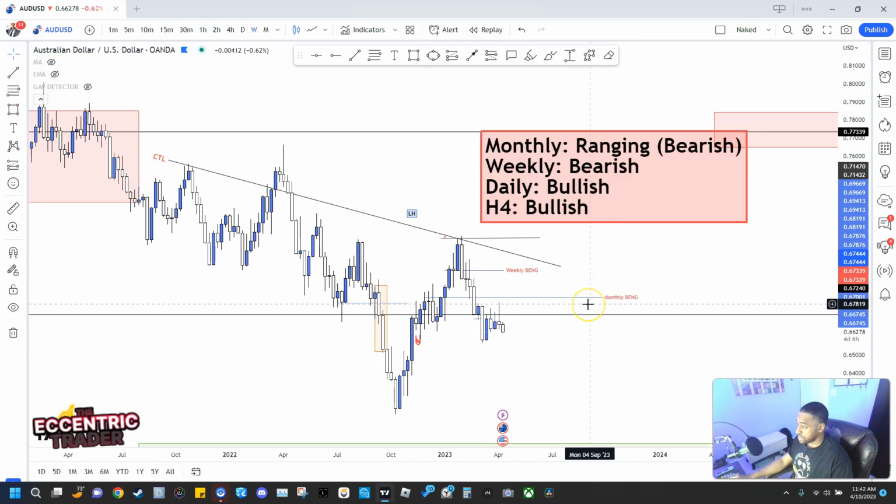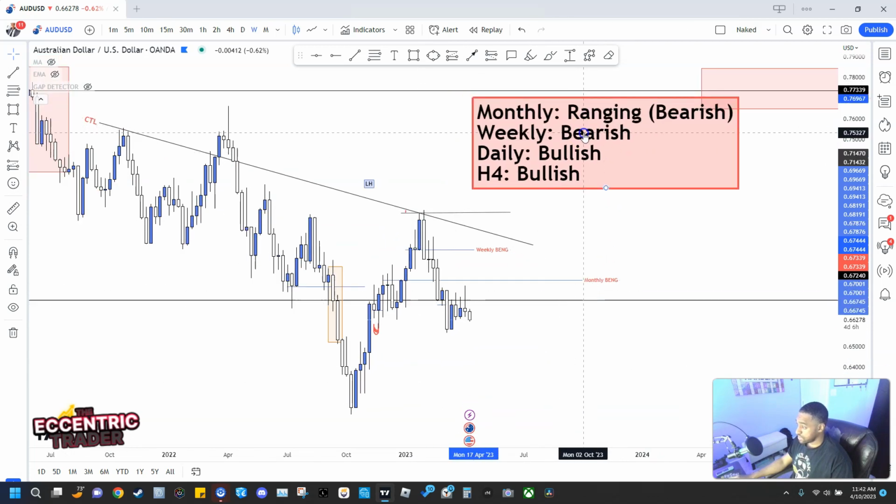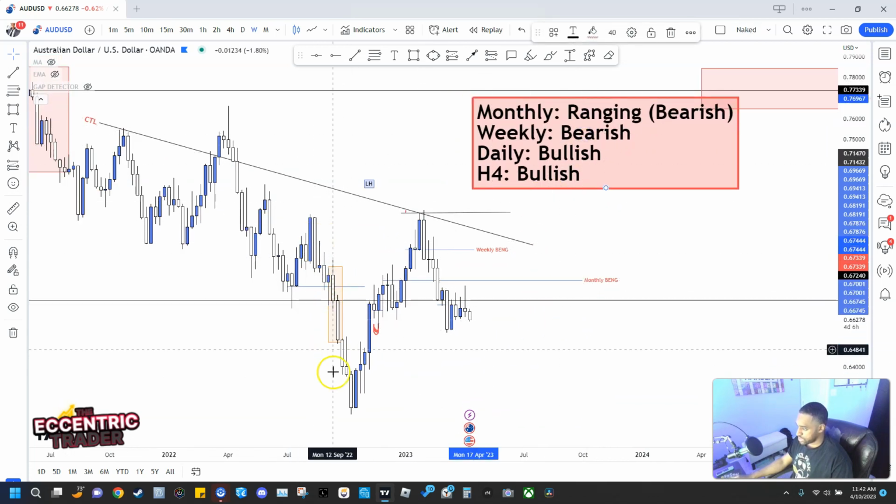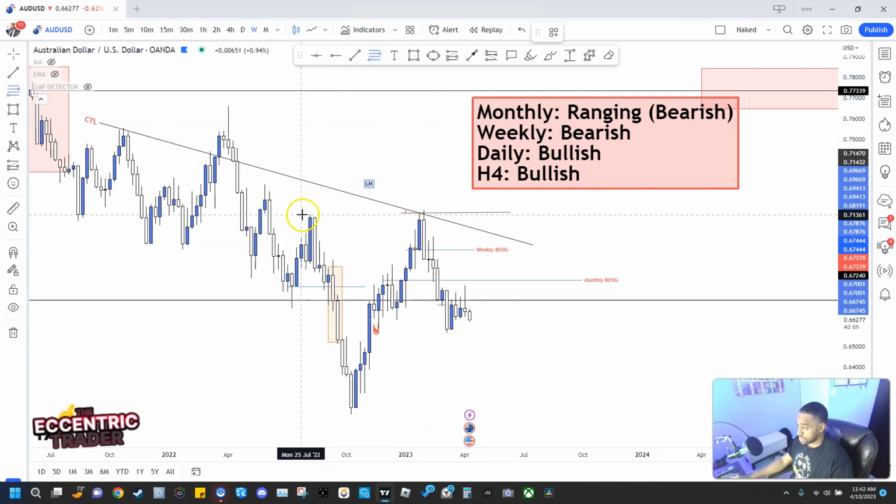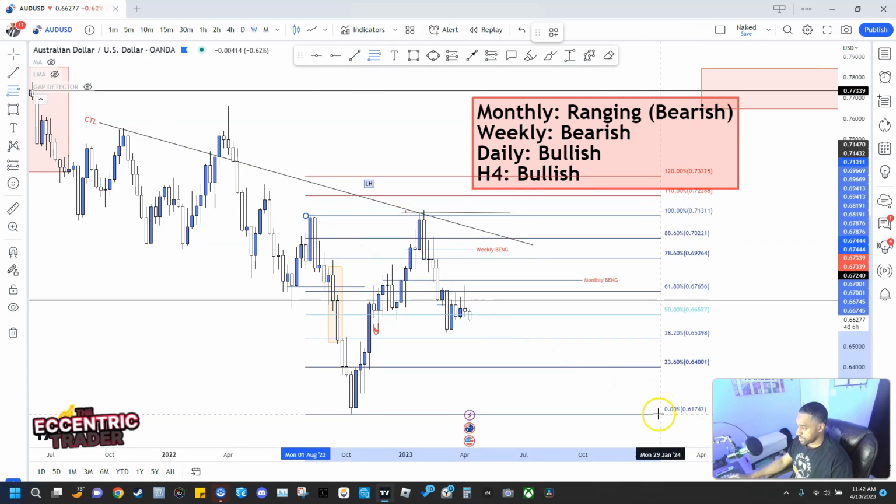All right, so the weekly is still bearish. Price broke, came back up, and let me see. Look, I draw my fibs, point A to point B. Fibonacci measures the retracement. Price came all the way up to 100%. It retraced all the way up to 100%.